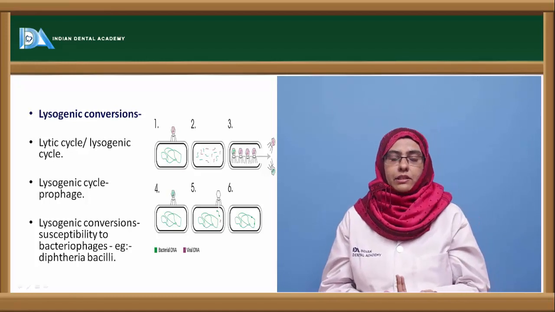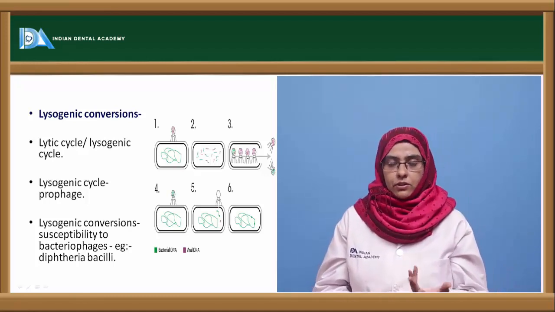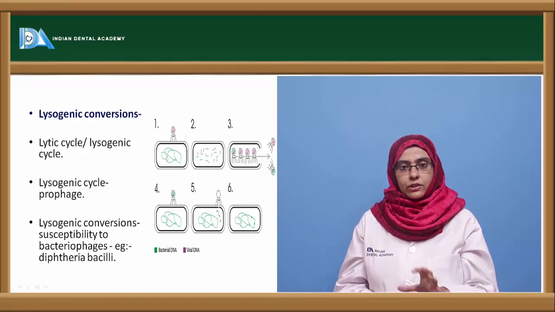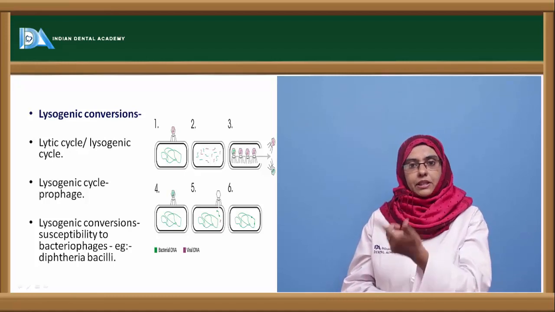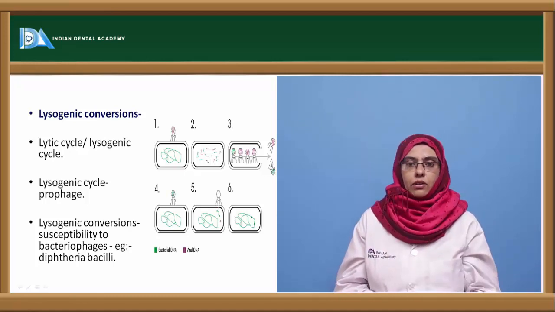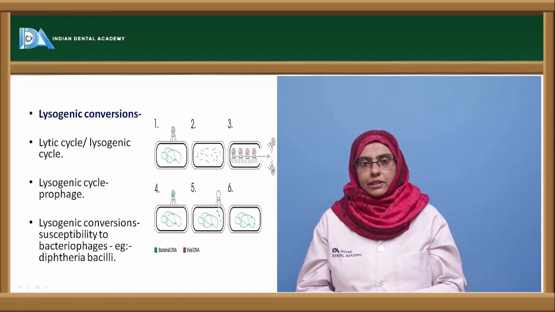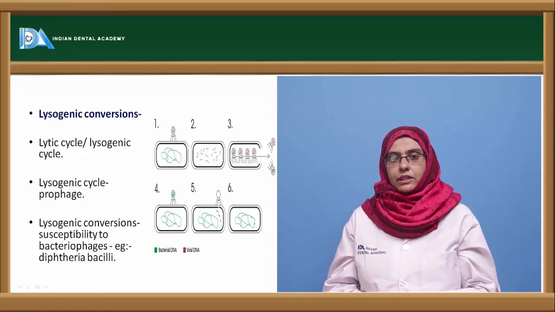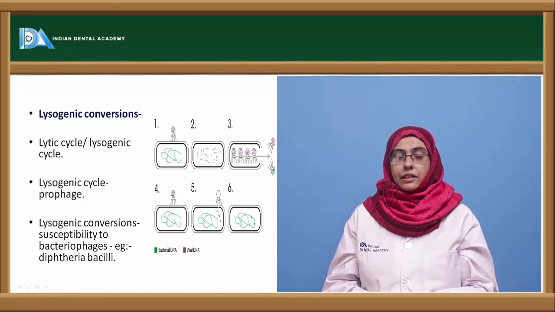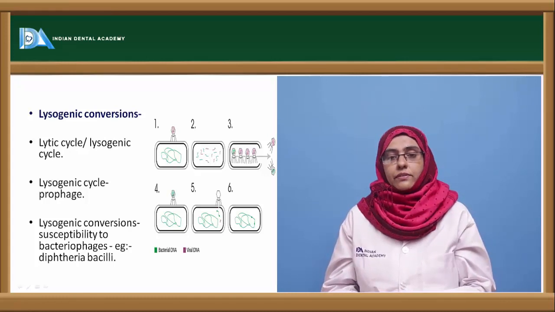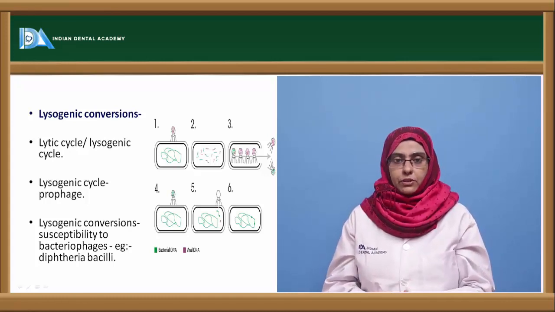Take for example, the diphtheria bacteria. The bacteria by itself is not toxigenic. But when it is lysogenized with the viruses, it is the toxin gene that is present in the viruses that makes the bacteria a toxigenic bacteria. So apart from making it resistant to the bacteriophages and preventing super infections, this lysogenic characteristic feature of the viruses also confers certain drug resistance or toxigenic property to the host cell.